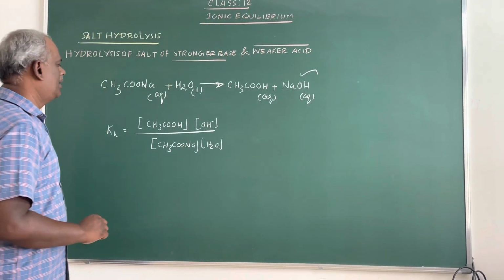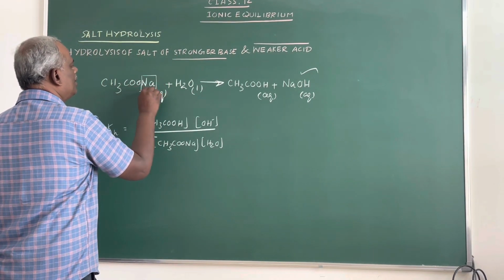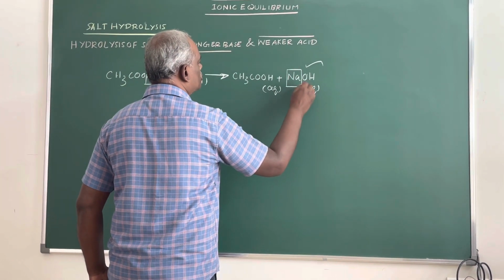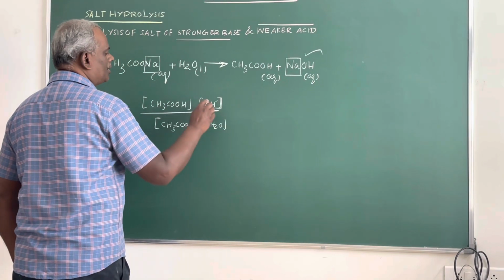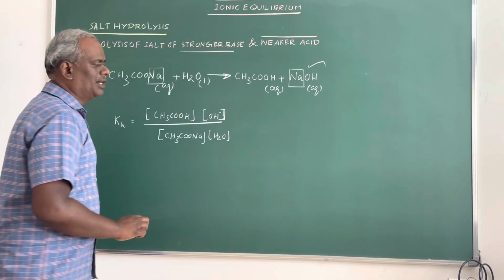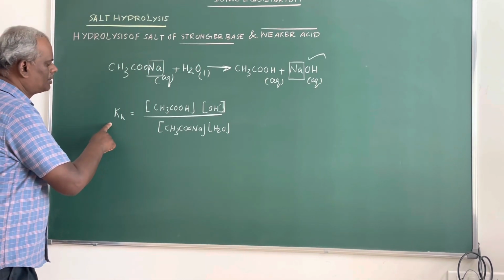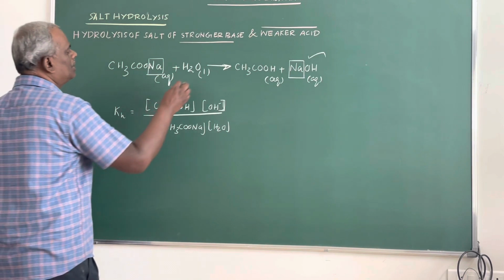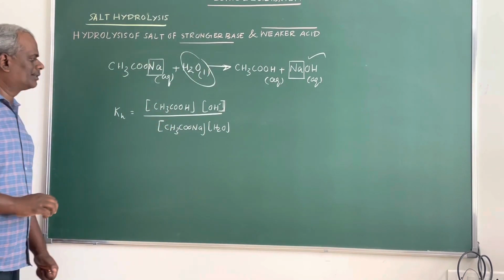Try to understand, I have not taken this Na that appears on the product side. Instead of NaOH, I have taken the concentration of OH minus, the hydroxide ion concentration. So the hydrolysis constant is now ready. During the hydrolysis, there may not be an appreciable change in the concentration of water.